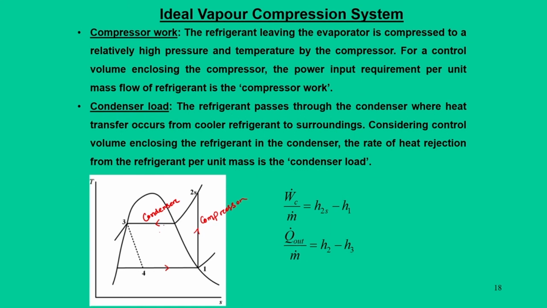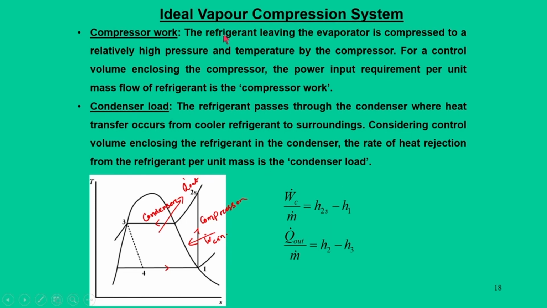Here condenser means Q out, compressor means W dot in. So, H2S minus H1 is your compressor work, and H2S minus H3 is your condenser load.